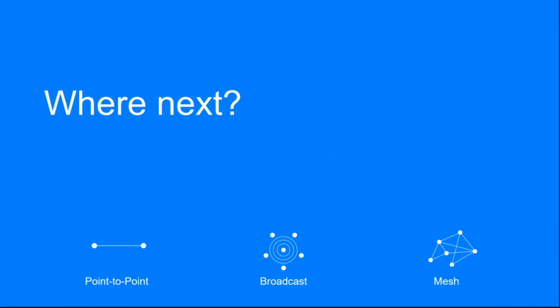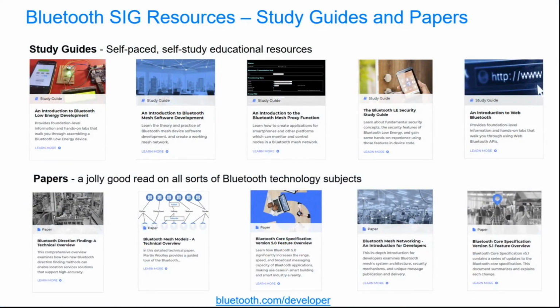So where next? If this has been interesting, if you'd like to know more about Bluetooth technology, largely with the idea of designing or developing products, guess what? We've got lots of good stuff at our website, which of course is bluetooth.com. So if you go to our resources section and click on study guides to filter the list there, you'll find things which are aimed at providing a self-paced, self-study framework for developers looking to learn about certain areas.